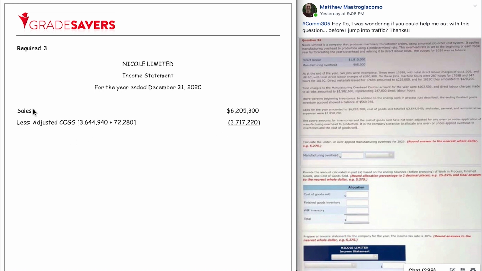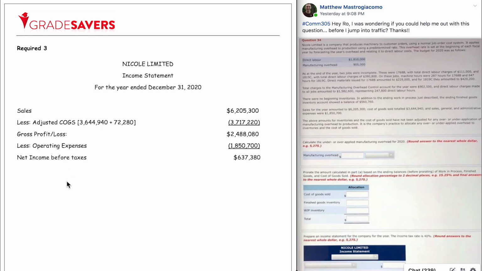The disparity between your sales and your adjusted cost of goods sold is simply your gross profit or loss. From your gross profit or loss, you're now going to take away operating expenses or period expenses. In this case, the period expenses are selling, general, and admin, and we can see that they amount to $1,850,700.